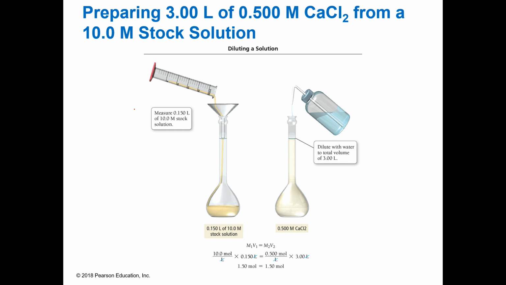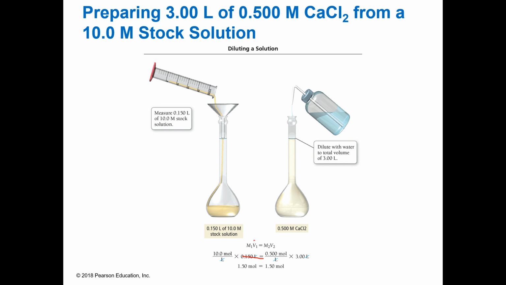So to solve that, we're going to plug this in. We have an initial concentration of 10. You don't need to put this in, you can just put this as 10 molar. The volume, we want to know how much volume. Actually, this is telling you this. We know what we want: 0.5 molar, and we want 3 liters of it.